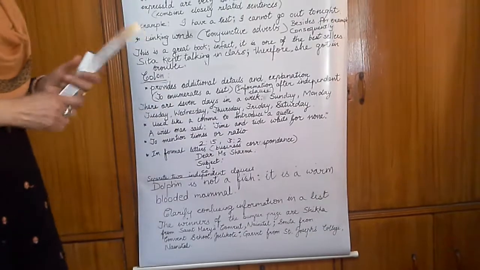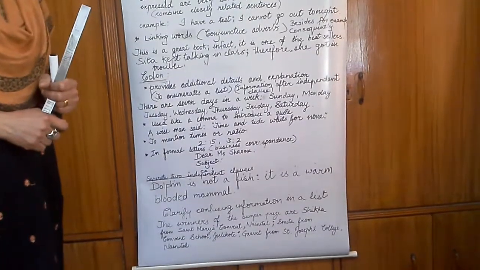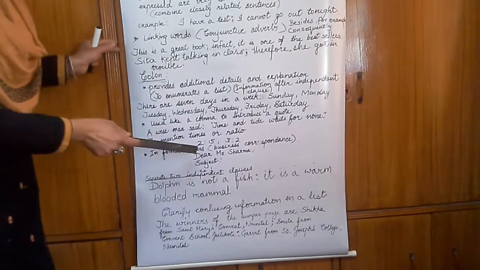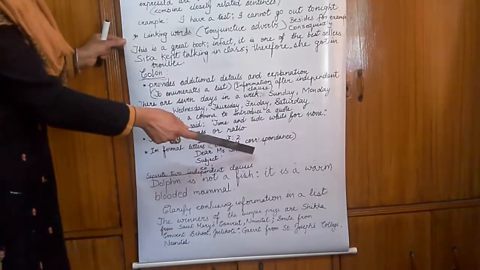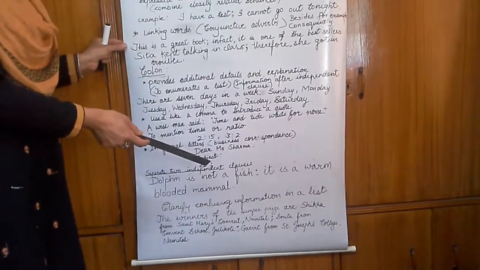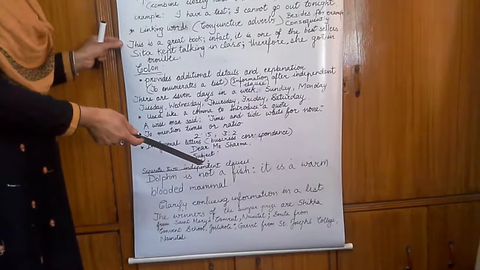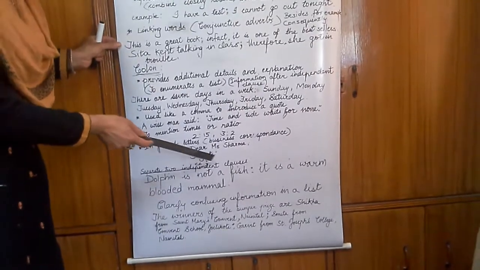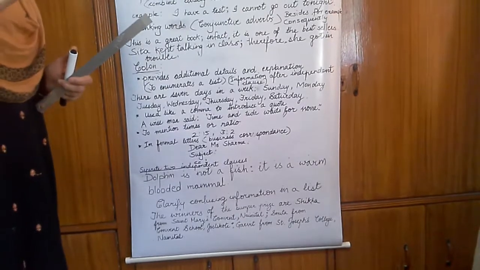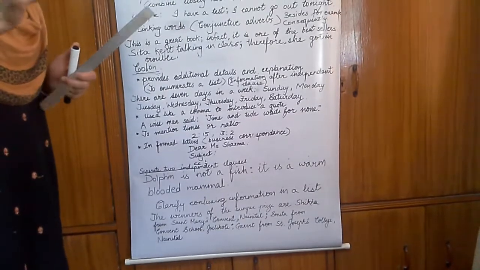This colon is also used in formal letters, mainly in business correspondence, like Dear Miss Sharma, and then a colon. In formal letters, children, it is compulsory to write the subject. So here, subject and colon. If you're sending the letter a carbon copy, then CC and then a colon.